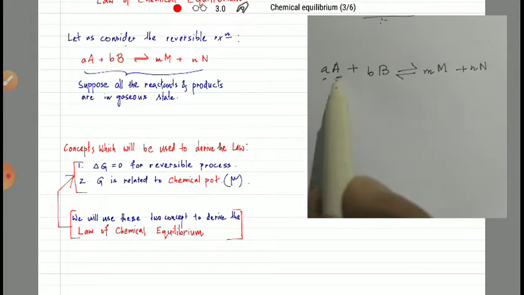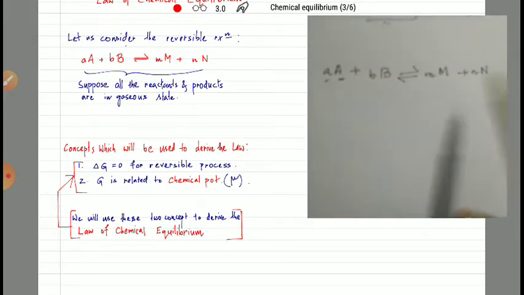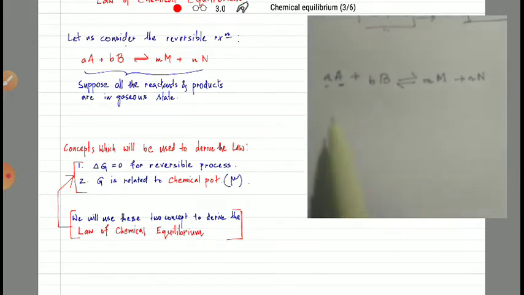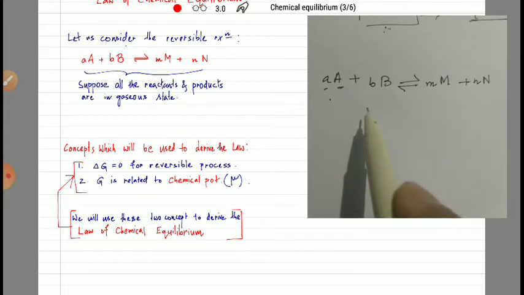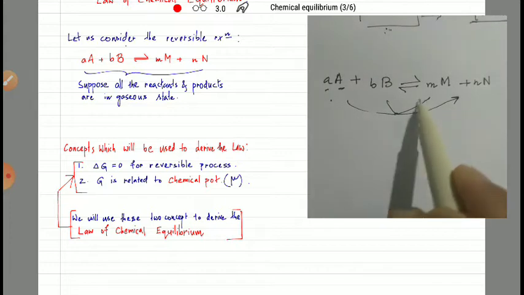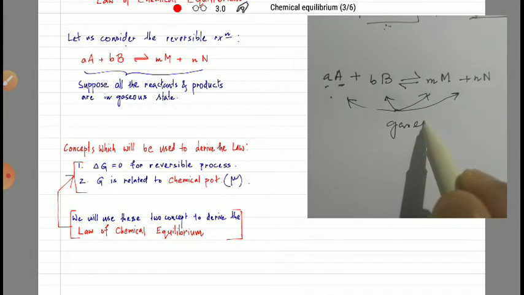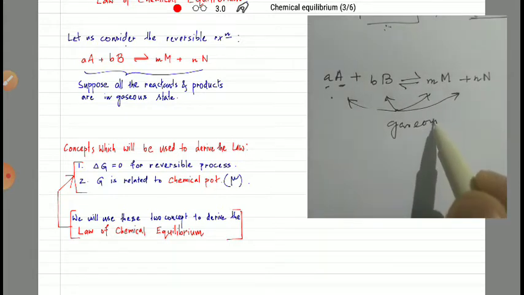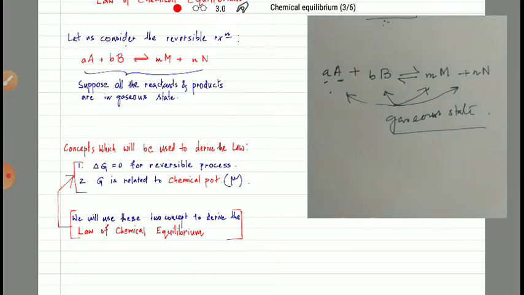Suppose this is your reaction, and let's suppose all the reactants and the products are in gaseous state. These 4 are in gaseous state.